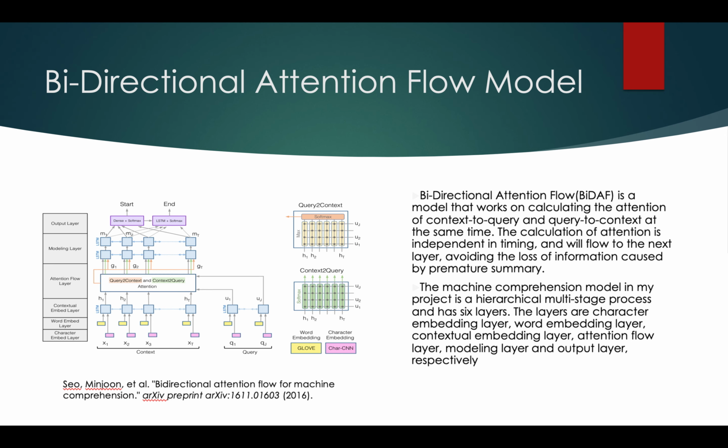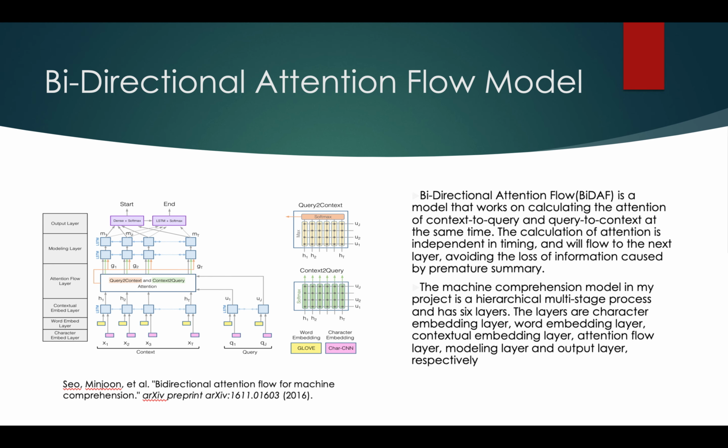So here comes BiDAF, and its full name is bidirectional attention flow model. BiDAF is a model that works on calculating the attention of context to query and query to context at the same time. The calculation of attention is independent in timing and will follow the next layer, avoiding the loss of information caused by premature summary.